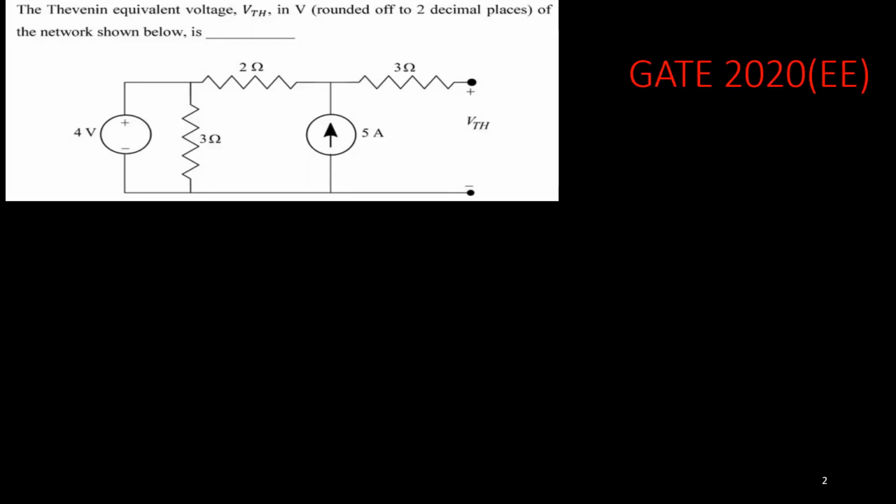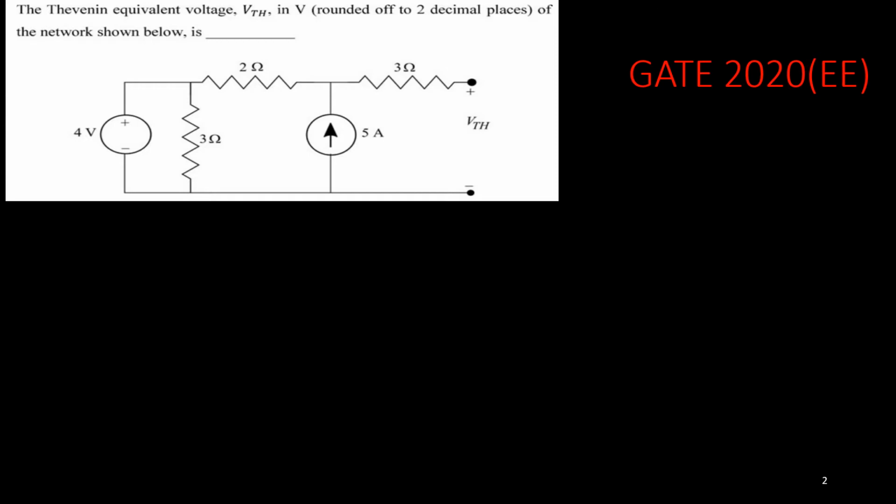In this video, we will discuss one problem from a recent paper of the GATE 2020 electrical engineering exam. Just look at the problem given in the figure. We have to find VTH at these two terminals.